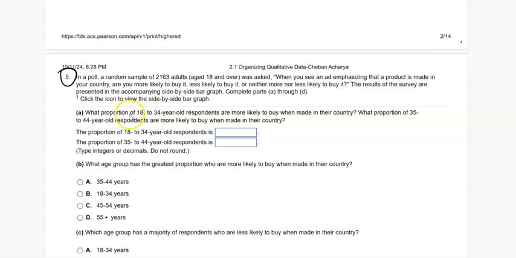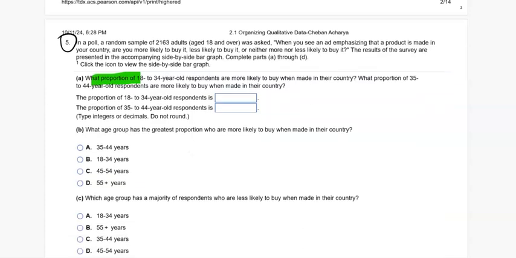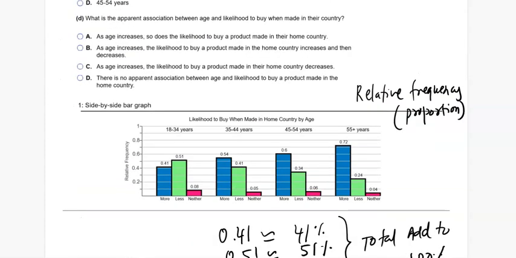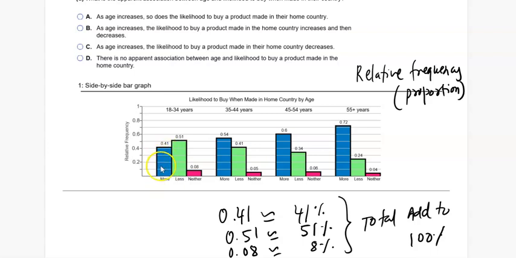So let's answer the first question. What proportion of 18 to 34 year olds responded they are more likely to buy when made in their country? And what proportion of 35 to 54 year olds, the next age group, responded they are more likely to buy when made in their country? More likely to buy is given by blue: 0.41 in 18 to 34, and 0.54 in 35 to 54.